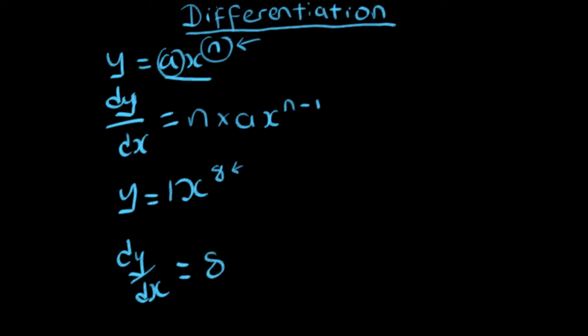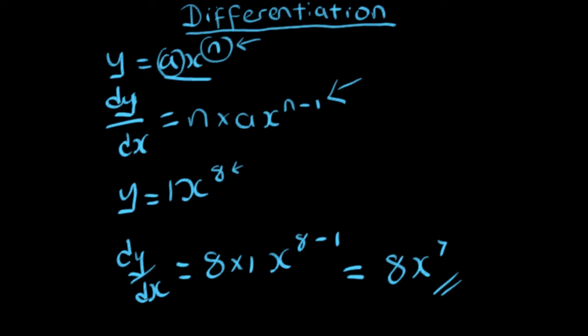We're going to have 8 times 1 x raised to power 8. So according to the formula, we'll subtract 1 from this power, so it's going to be 8 minus 1. So in the aftermath, we're going to have 8 times 1 gives us 8, x raised to power 7. This would be your answer. How true? Very true. So if you already got it, please signify in the comment section.